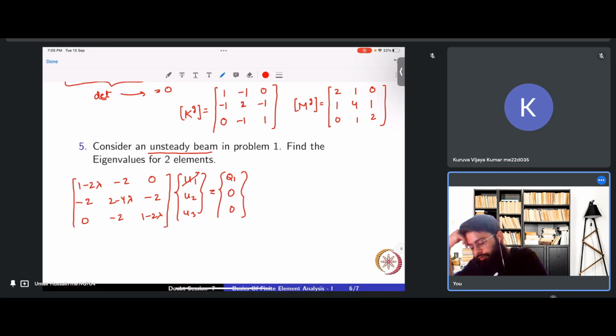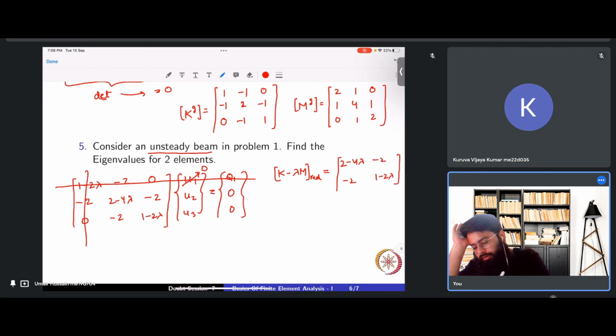We know u1 is 0, so we'll remove that equation, and then at the end we'll be left with our reduced K minus lambda M. This is 2 minus 4 lambda, minus 2, minus 2, 1 minus 2 lambda, right?